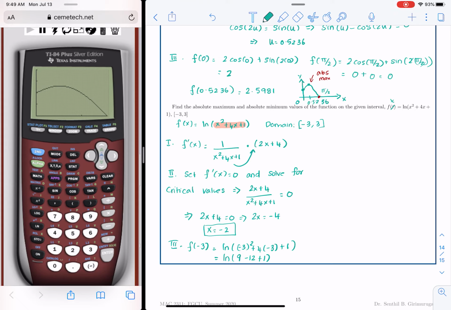And for that particular value, it doesn't exist because we have ln of a negative number. So that doesn't work. So let's look at the critical number. f of -2, we have ln of -2 squared plus 4 times -2 plus 1, which is 4 minus 8 plus 1. We get ln of -4. That is undefined also.